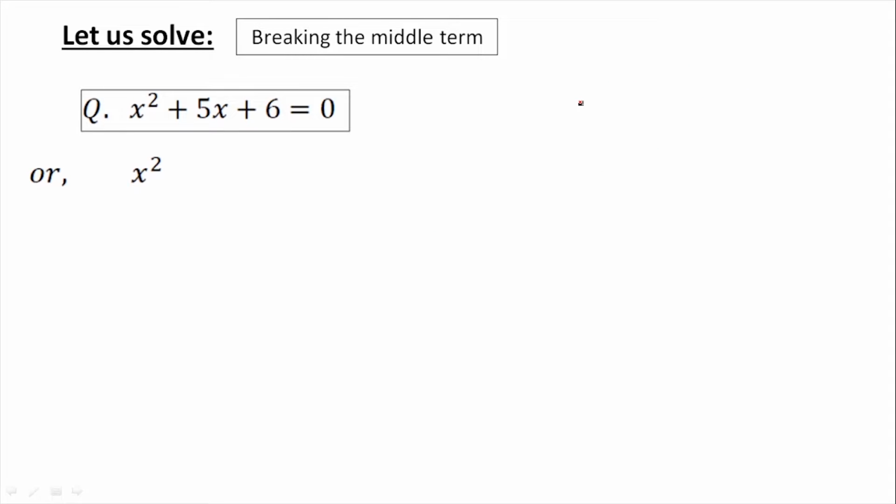Okay, so x squared is x squared only. In place of 5 we'll put a blank, a plus sign, and another blank, so there must be two numbers here, and then plus 6 equals 0. Now I have to replace them with two numbers such that when multiplied it should be 6, and when added it should be 5.